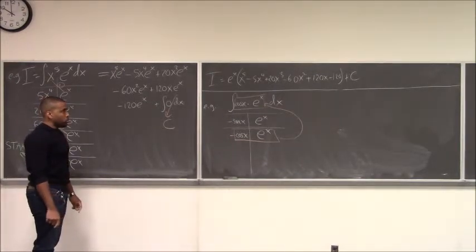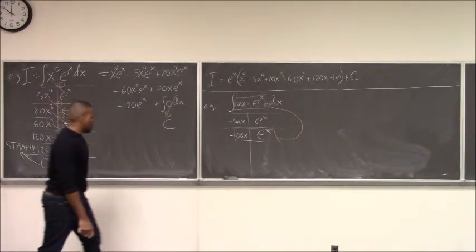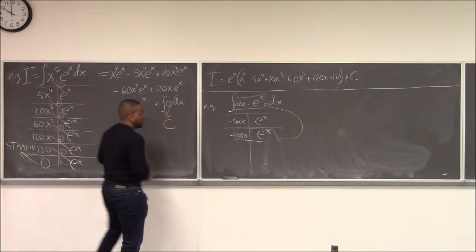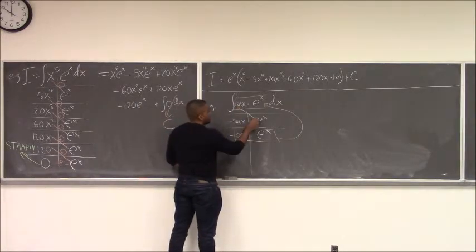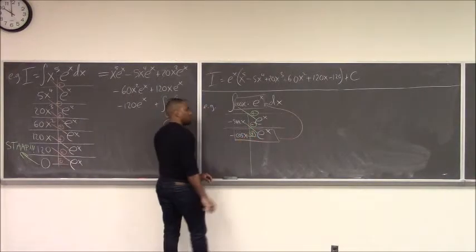Right? I get to a point where, looking across, I see the original. And so, now, this times this with a positive sign, this times this with a negative sign, this times that with a positive sign.